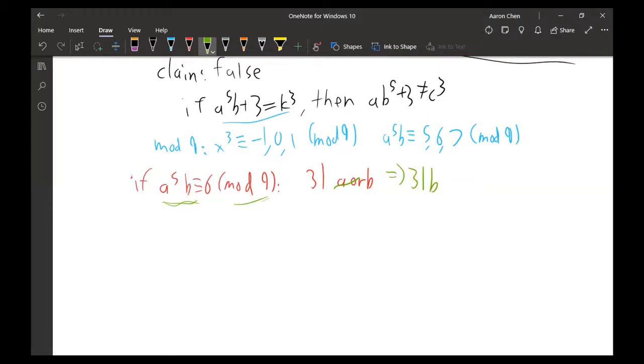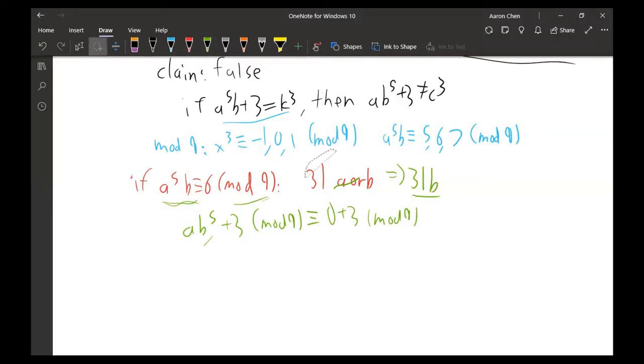And so now you can look at a b to the 5th plus 3. Mod 9, that is simply congruent to 0 plus 3, because as we see, 3 divides b, and there's a b here.